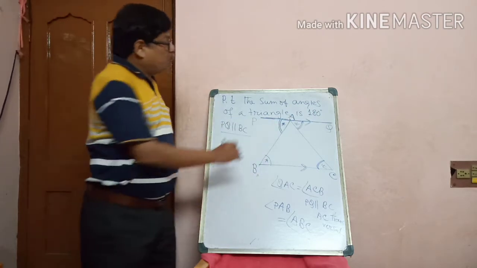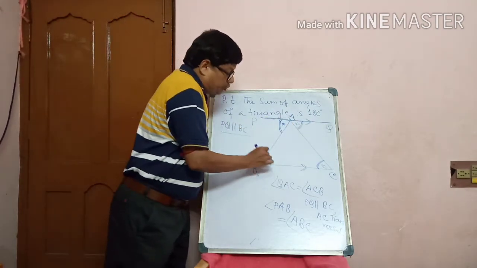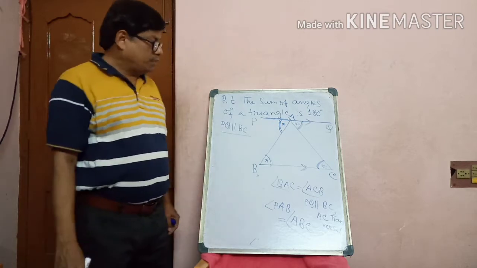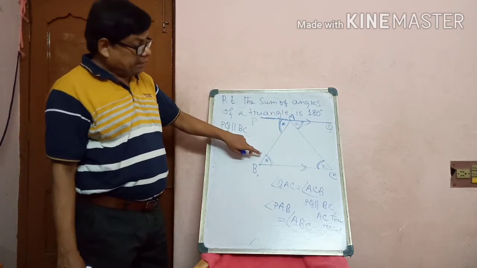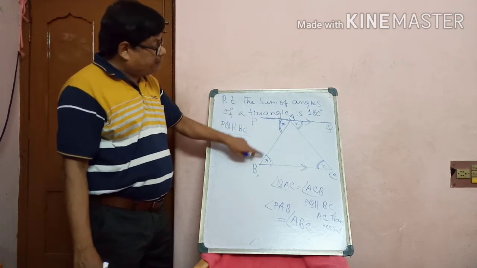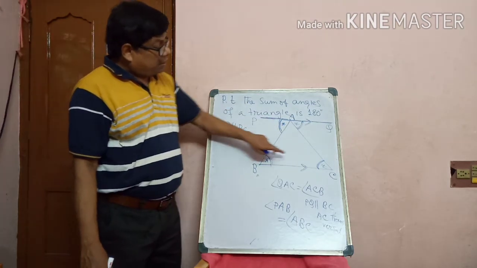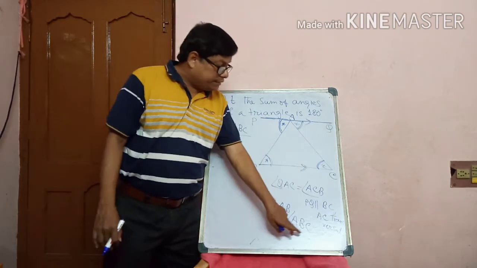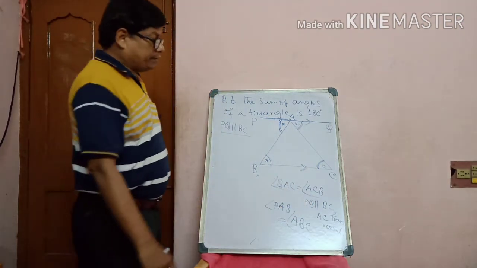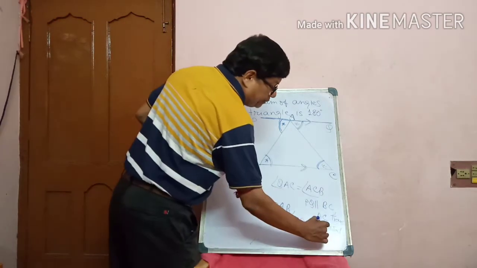So this angle equals this angle. PAB angle equal to ABC. This is alternate angle.